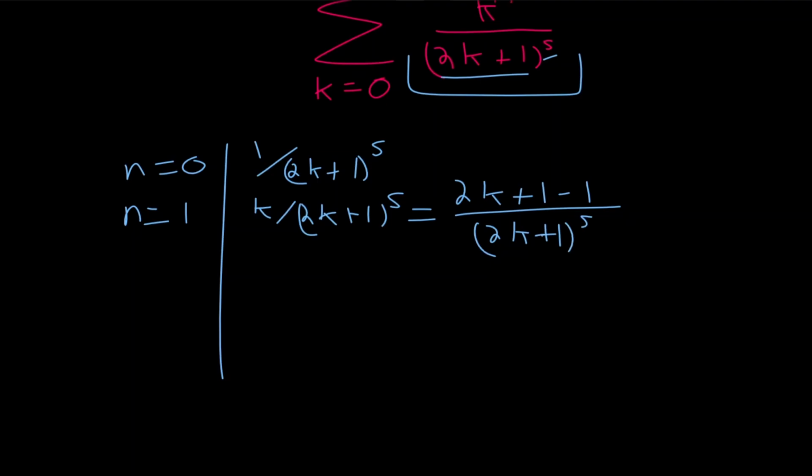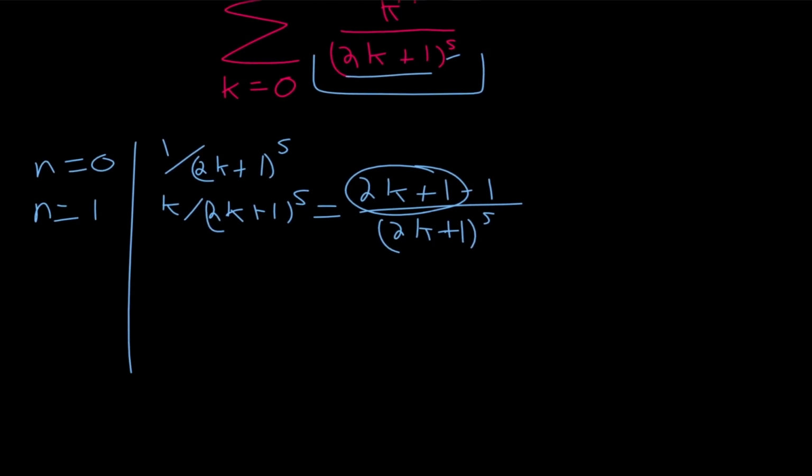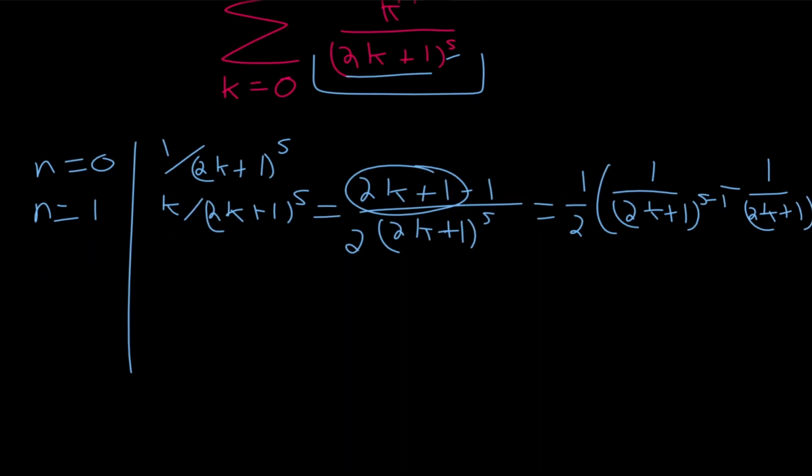Okay, we obviously see that this term right here is going to cancel with one of the 2k plus 1's in the denominator. So if we evaluate that, there should be a 2 in the denominator right there, 1/2 times everything, and then just 1 over (2k plus 1) to the s minus 1, and then minus 1 over (2k plus 1) to the s.